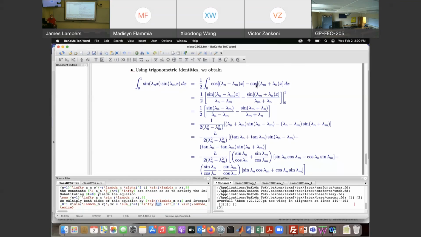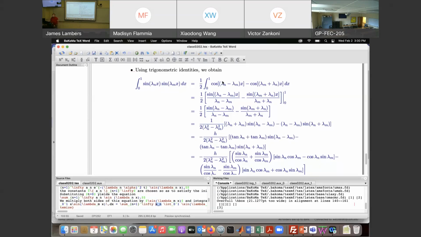This actually comes from the trig identity for the cosine of a sum or difference. Actually, one of my colleagues in this department pointed out that, of course, there are so many trig identities, but there are really only three that one needs to have off the top of their head.